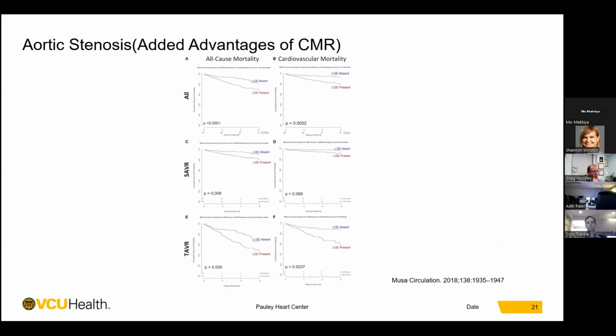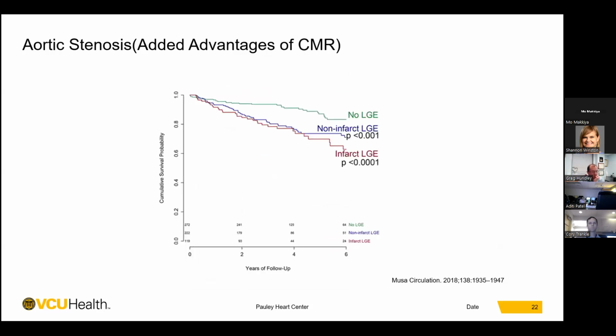Some studies are trying to assess asymptomatic severe AS who don't fall in the guidelines for intervention, just monitoring, and they are assessing for intervention based on LGE. And there are some promising results for that.